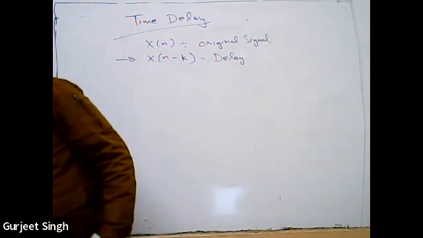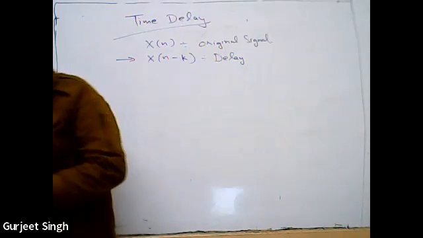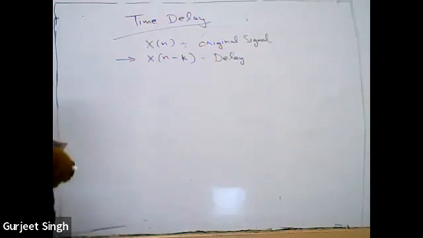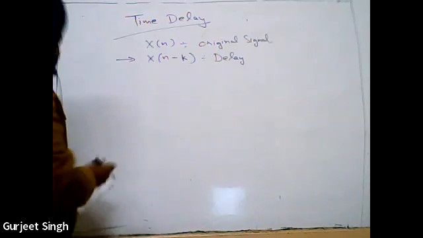So x[n] is the original signal and the delay is x[n minus k].